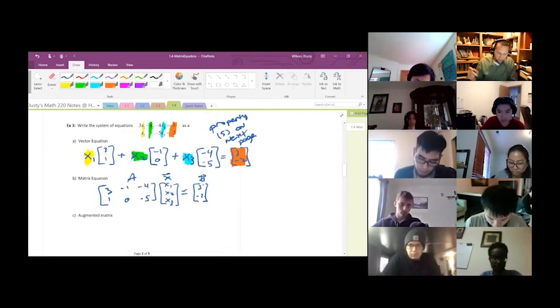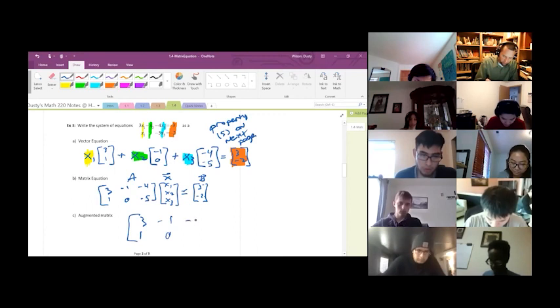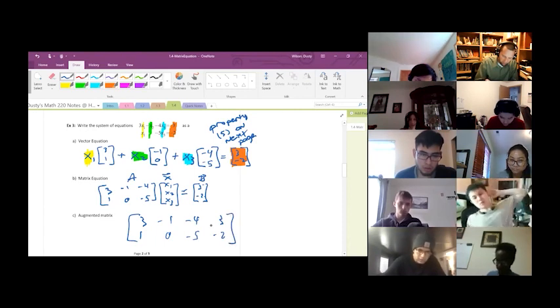So lastly, we could write the same thing as an augmented matrix. So you could have [3, 1, -1, 0; -4, -5, 3, -2], the augmented matrix.